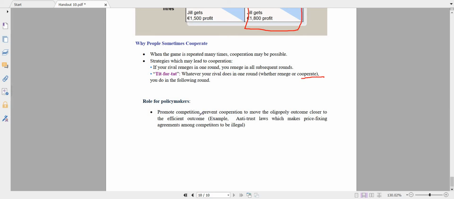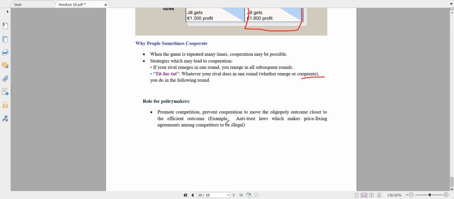So what is the role of policymakers? In the case of oligopoly, I explained that the oligopoly outcome is somewhere in between the outcome of a perfectly competitive market and monopoly. So what can the policymakers do? The policymakers can promote competition and prevent cooperation, to move oligopoly closer to the efficient outcome.